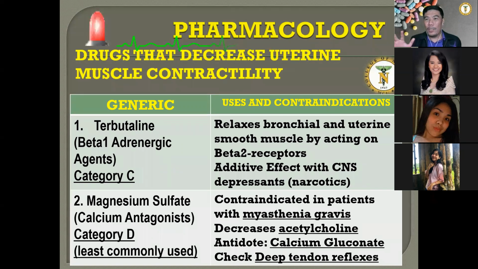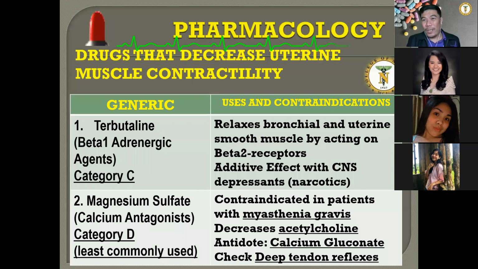Since the purpose of terbutaline is to open up the bronchi, usually given for asthma, it is not intended for the uterine muscle, but its effect also extends to the uterine muscle, to prevent premature or preterm labor.